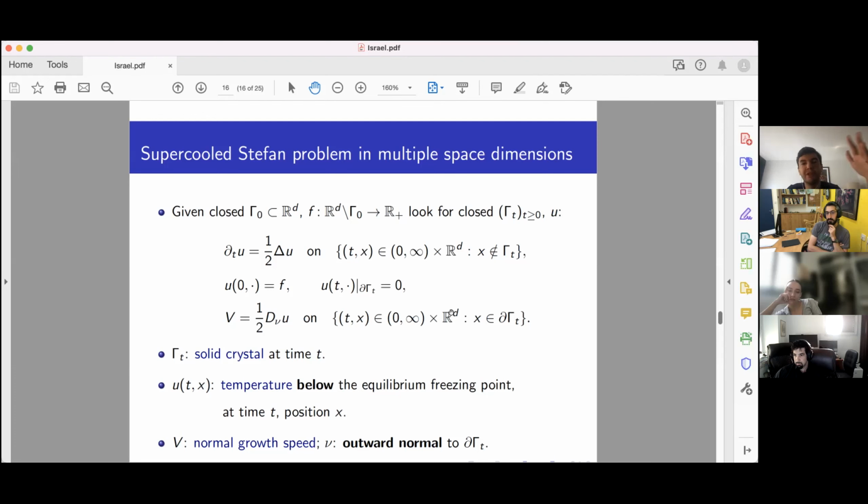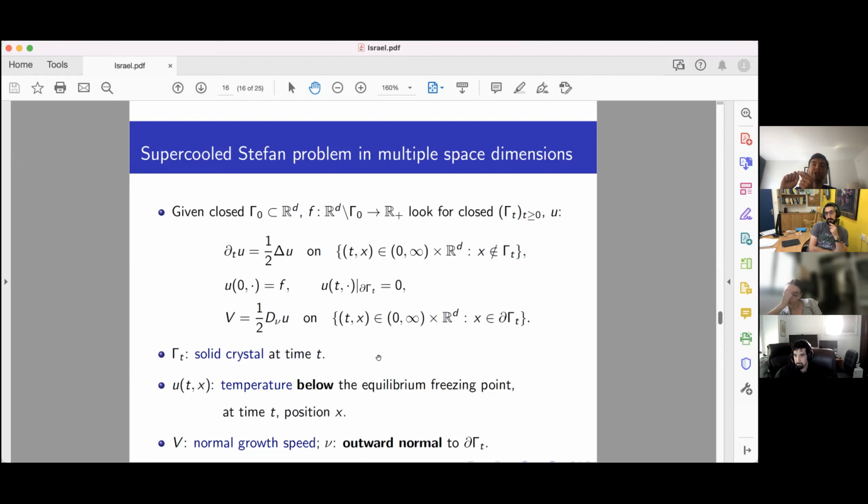In terms of mathematical equations, u is most classically assumed to satisfy the heat equation, same as before, just in R^d now. You have the same boundary conditions as in one dimension, and the growth condition is now just a high dimensional version of what we saw before.